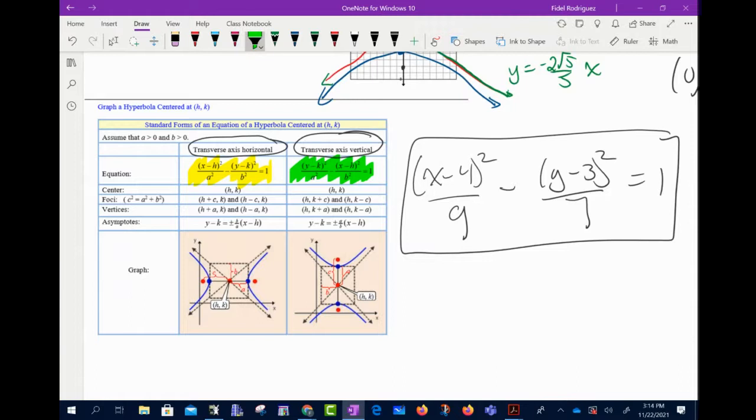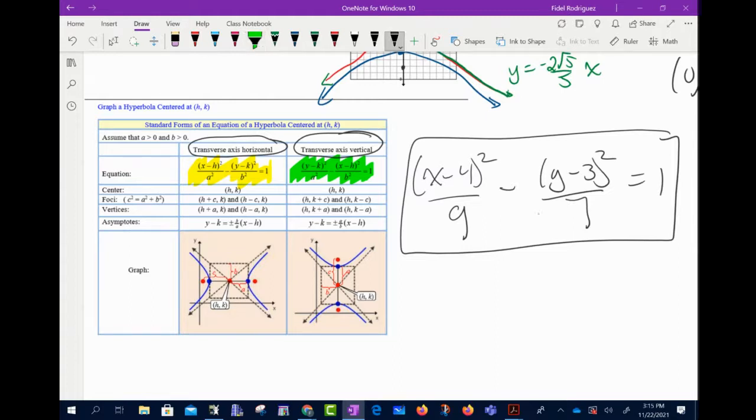Look more like the yellow or the green? Which one's coming first, the x or the y? The x, right? So the transverse axis is going to be horizontal, because it's x minus a number squared minus y minus a number squared instead of the other way around, right?